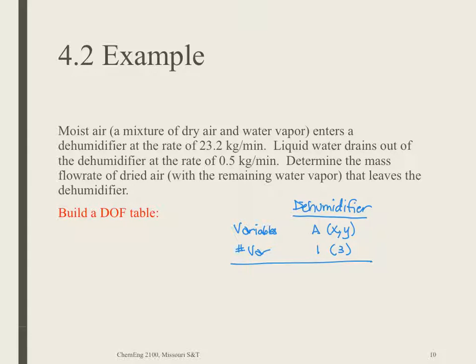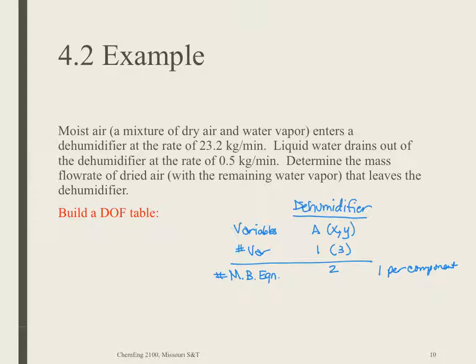So now I need to come up with my equations that are possible. I can write material balance equations. The number of material balance equations that I am going to be able to write is 1 per component. I have water and air, so I can write 2.